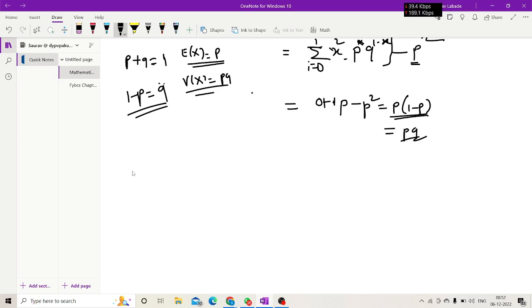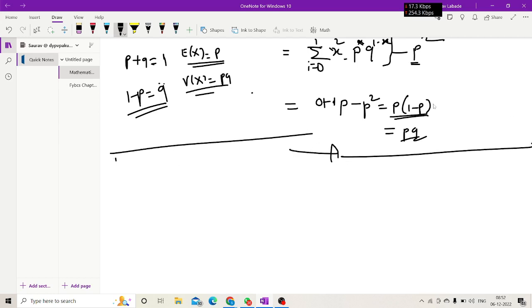So let's see the mean and variance of the binomial distribution. I can use the formula summation of x times probability of x.